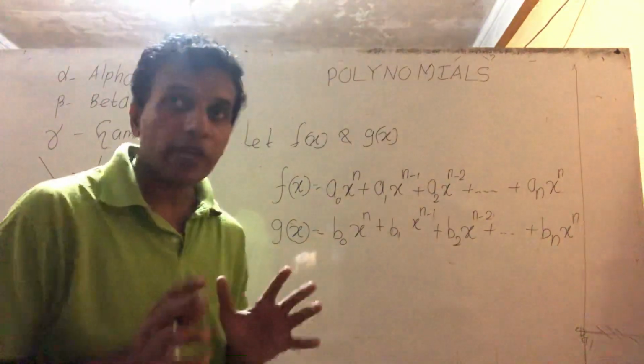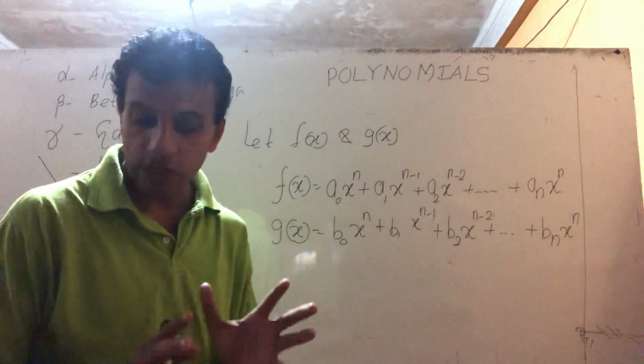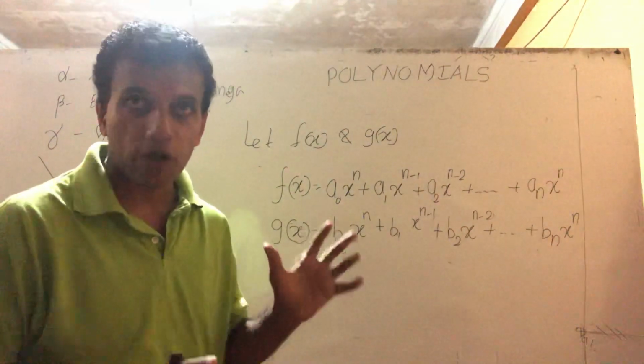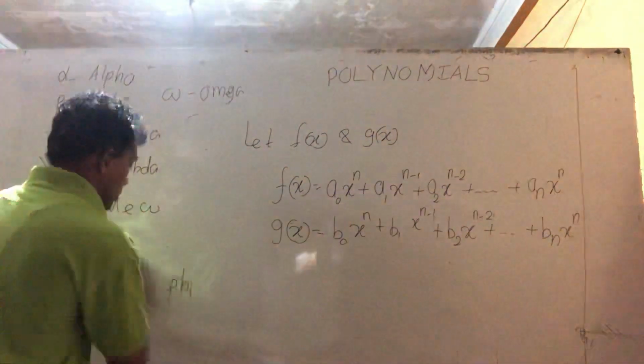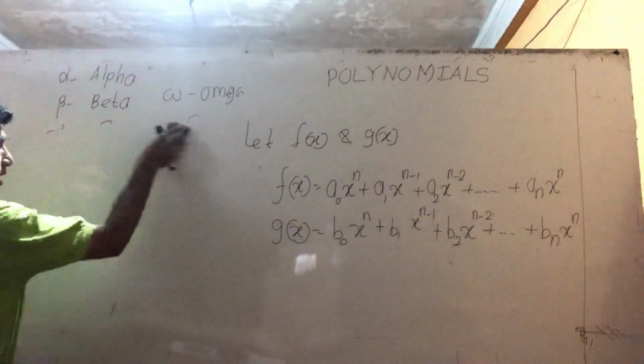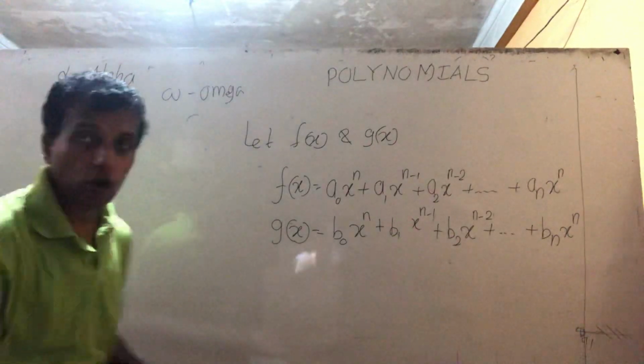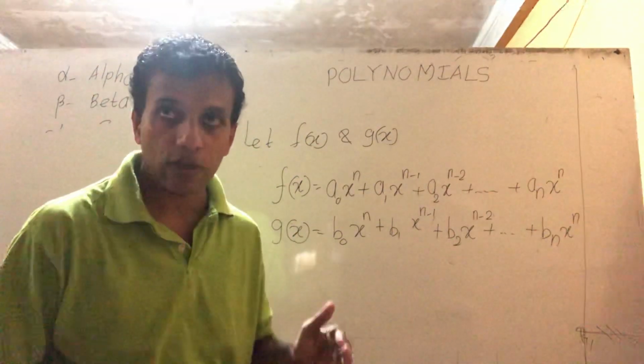Okay, see what you mean? This is the main part of identical functions or polynomials, right? So I said if f of x and g of x are identical, their corresponding coefficients are equal, right?